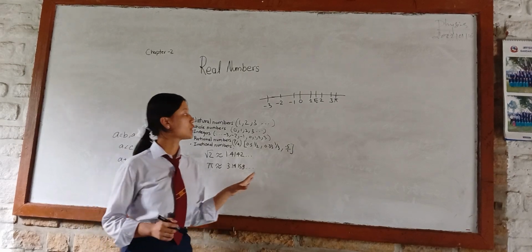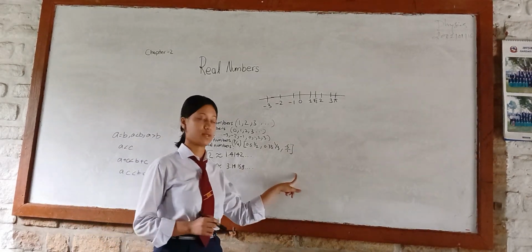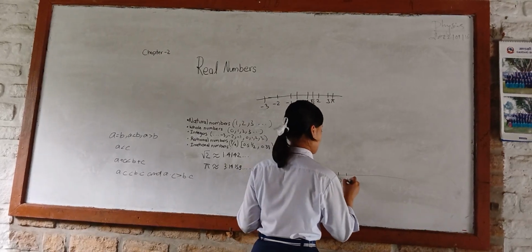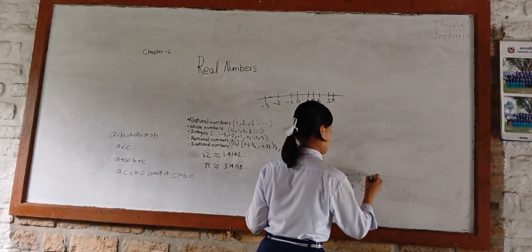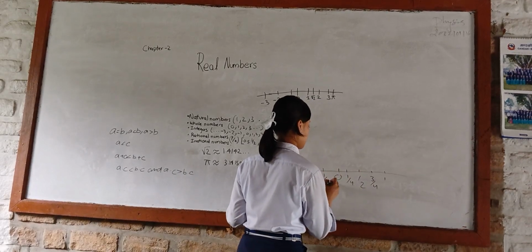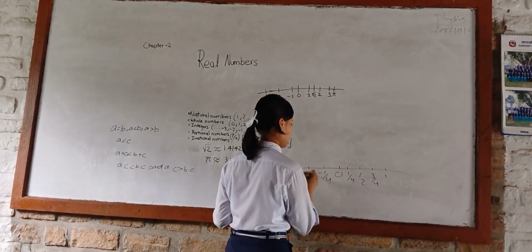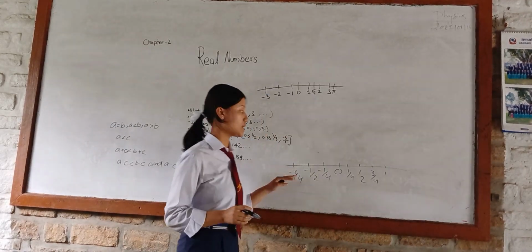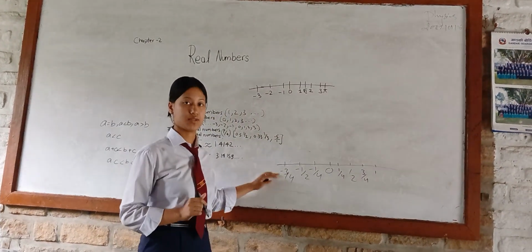So I'm going to show only the representation of rational numbers in the real line. This is the representation of rational numbers in a real line.